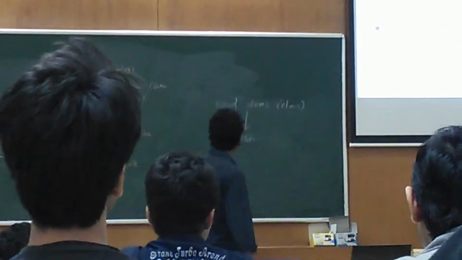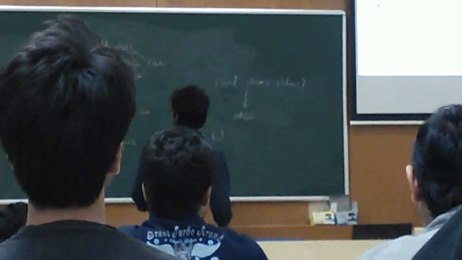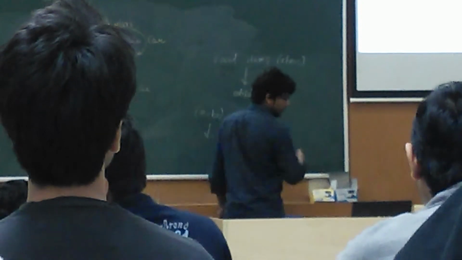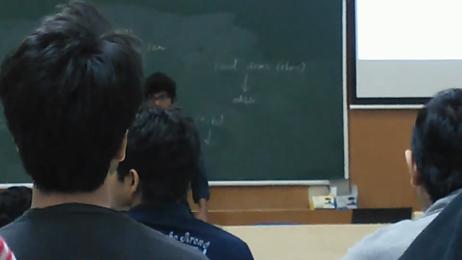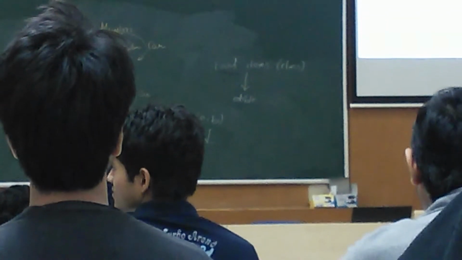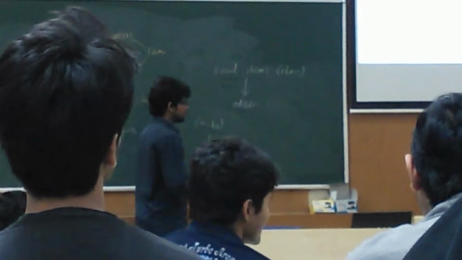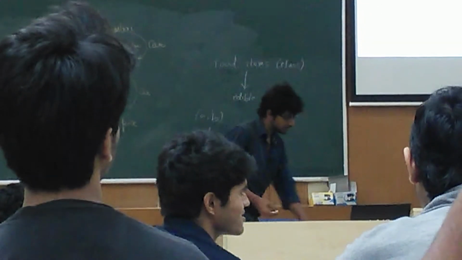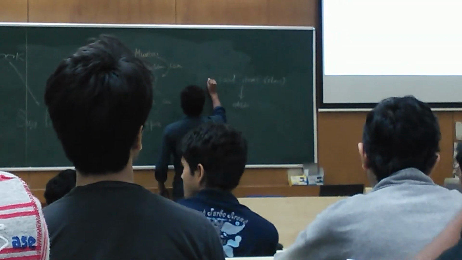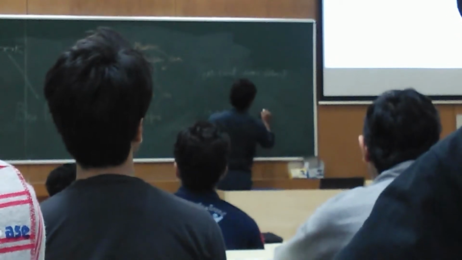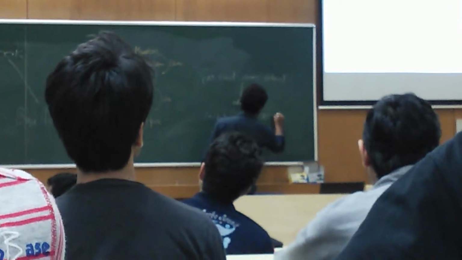Now subsumption. Subsumption is something where a class A subsumes a class B when all the instances of B are in A. Like, define a class A like food substances. Let this be class A, and define a class B like vegetables.